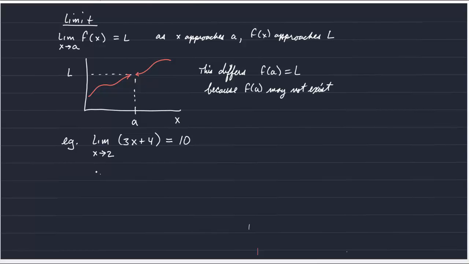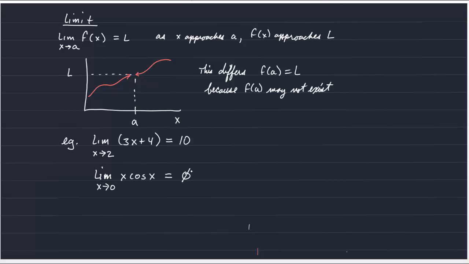Another example is the limit as x approaches 0 of x cosine x, and that too is somewhat trivial to compute because this is a continuous function of x, and the cosine part gives a 1, but as x goes to 0, the whole function goes to 0.